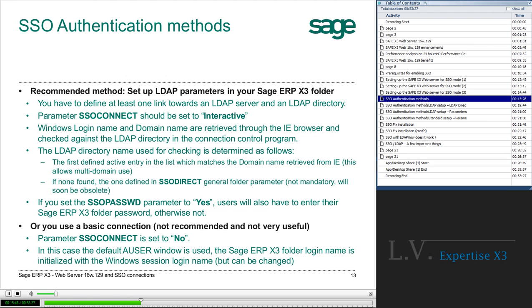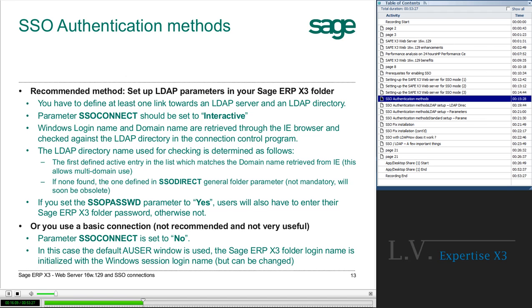When you work in SSO, on the supervisor layer, you can work in two ways. You can connect to an LDAP directory. It means that you set up the different parameters in X3 that say, I would like to work in the SSO mode.